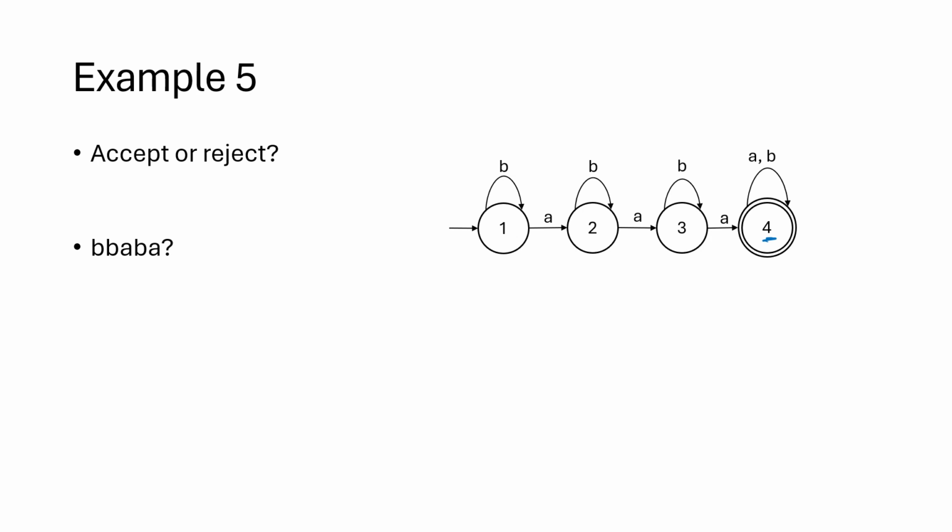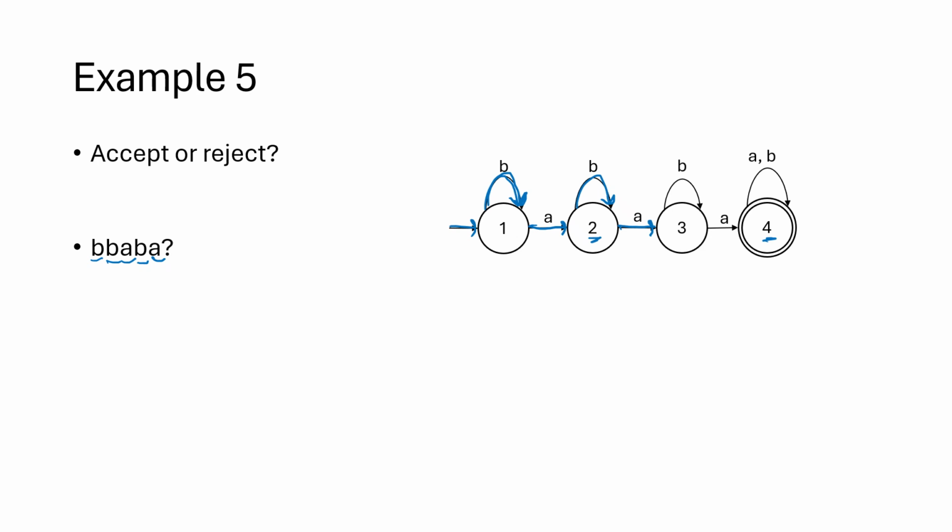So reading the symbols one at a time, starting from the initial state, the first B stays at 1, then we read another B, stay at 1 again, then we read an A, which takes me to state number 2. Then I read another B, I stay at 2, and then I read an A, that takes me to state number 3.